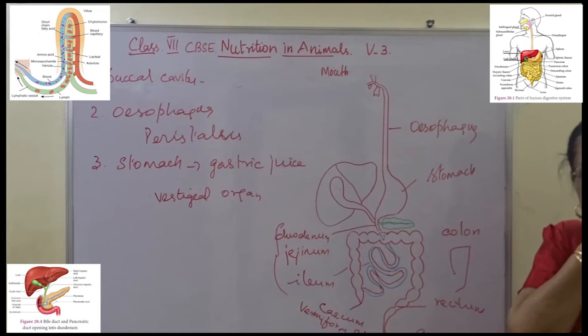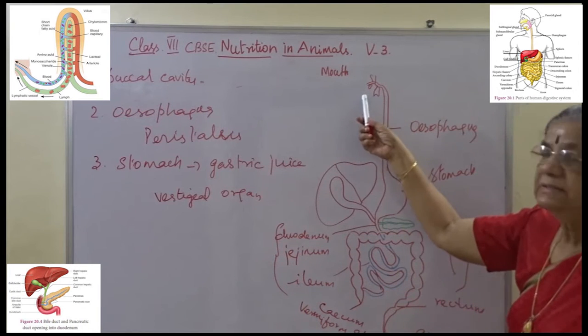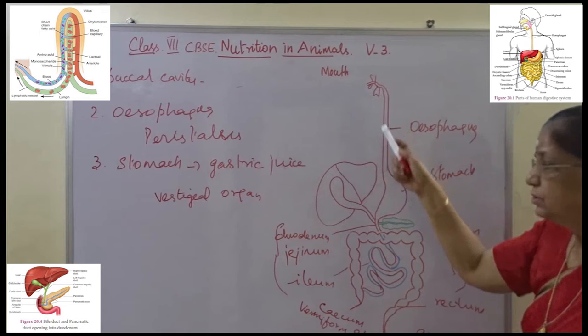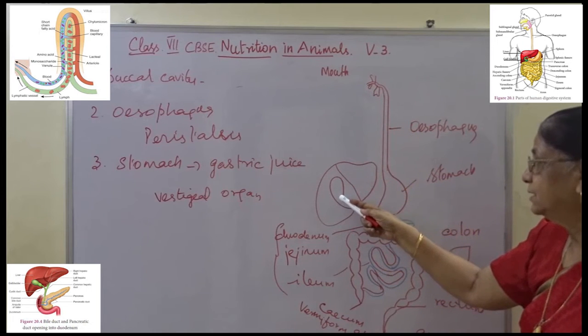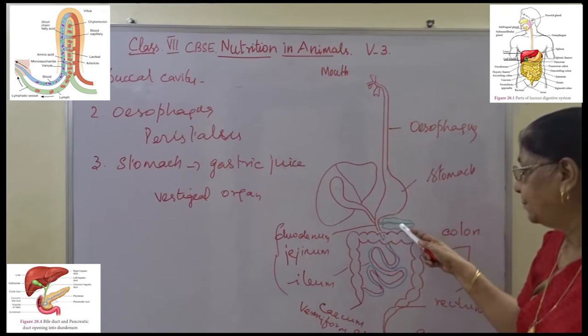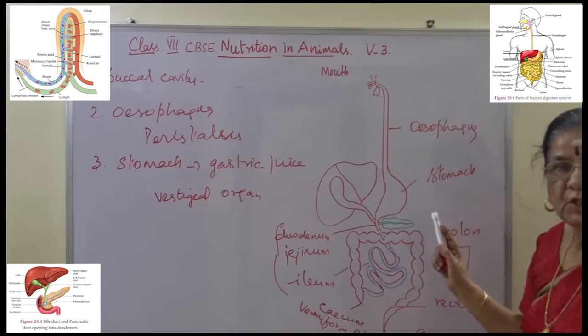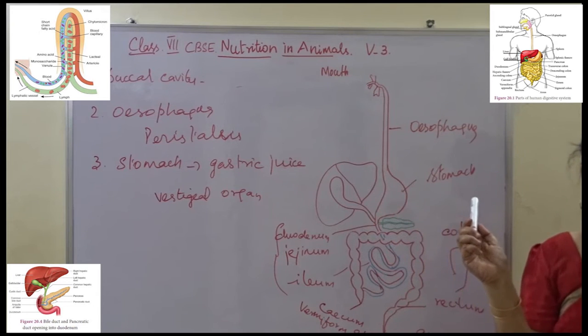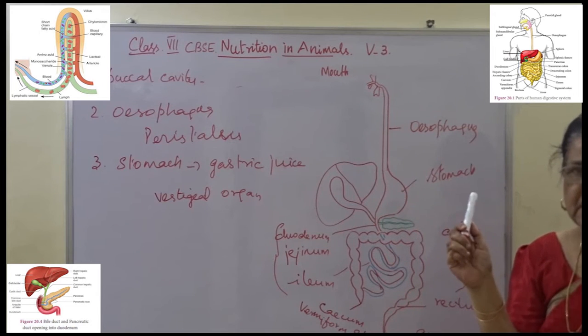Associated digestive glands are the salivary gland in the mouth, the liver with the gallbladder, and the pancreas. These three are associated digestive glands.